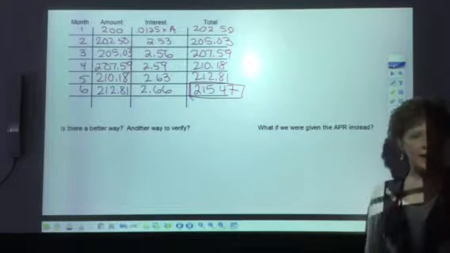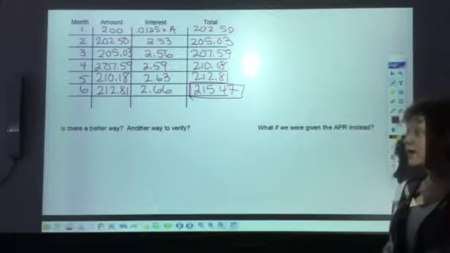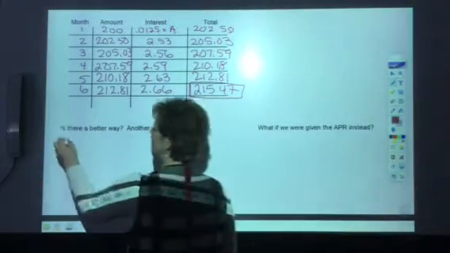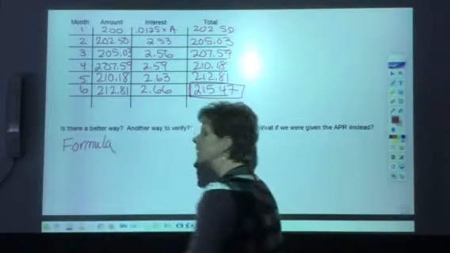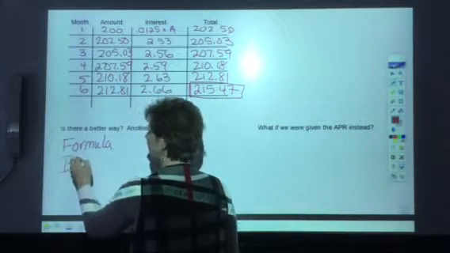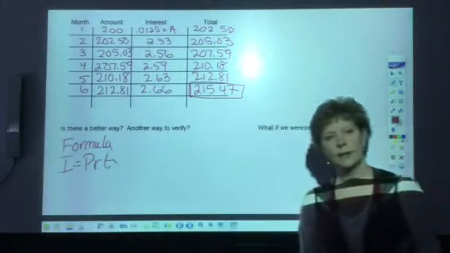Now, checking. How do we know that's the right answer? Is there a better way to find the answer? A lot of times the kids are like, well, we have formulas. We have money formulas. Okay. What formula could we use? The most common one they come up with is simple interest.